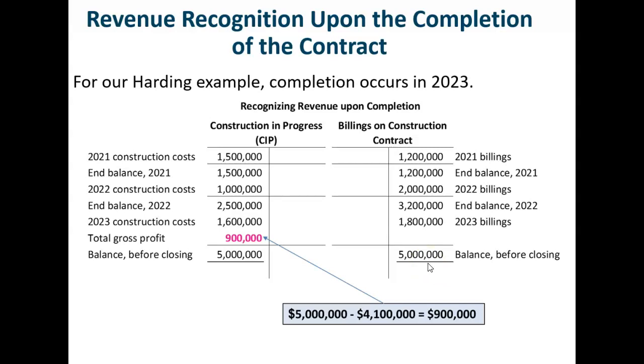We no longer have any inventory or costs associated with this completed project. And that journal entry is simply debit billings on construction contract, $5 million, and credit construction in progress, $5 million. And that will zero out the balance sheet account.